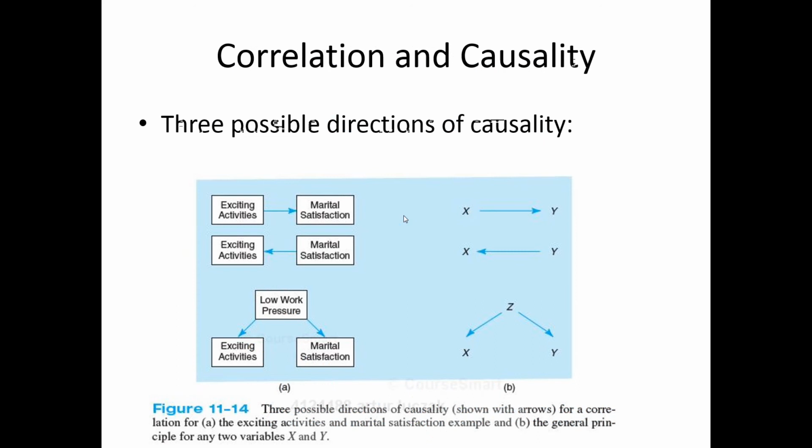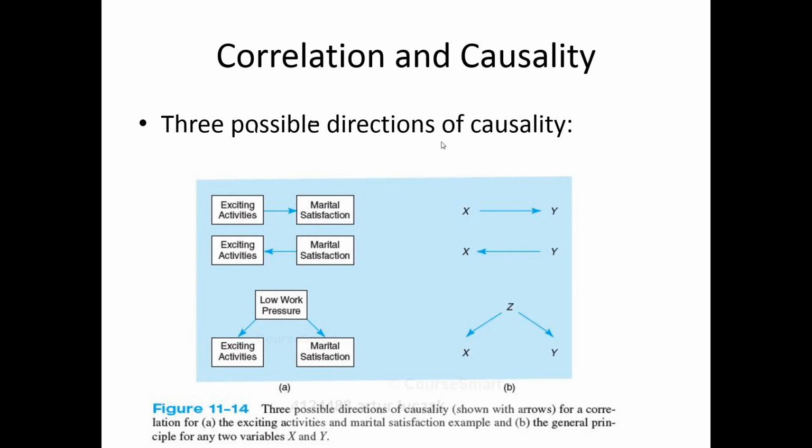So what I started talking about before is that correlation does not always imply causality. In this example, higher satisfaction from marriage was correlated with more activities done by the couple together.